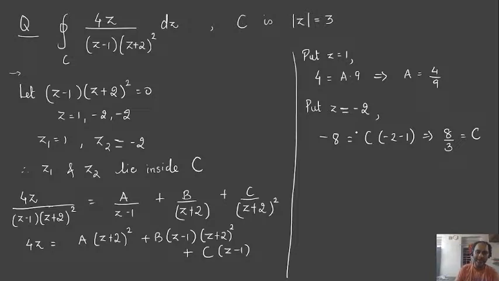The next value is for b, I have to get, right? So I'll put z equal to 0, that's a very easy choice that works over here.